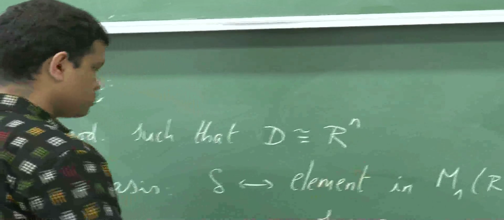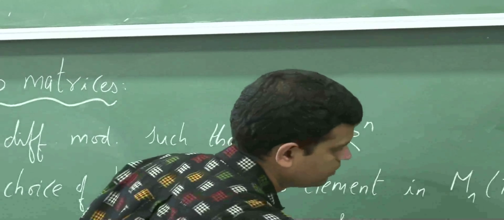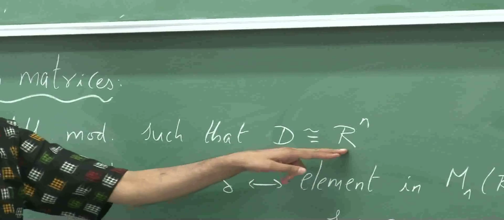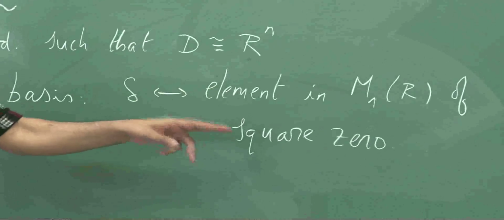So I should say, instead of element, I should call it a matrix of square 0. In other words, differential module structures on the free module of rank n are nothing but n by n square 0 matrices.